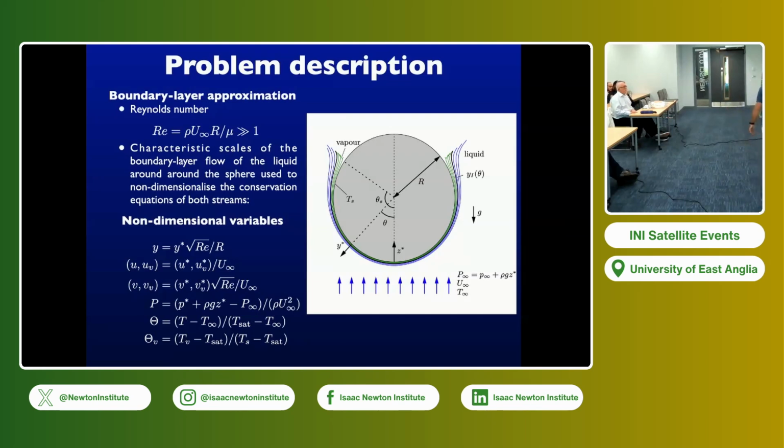The non-dimensional variables that we obtain are here: the normal coordinate to the wall, the polar velocity for both streams, the same for the radial velocity, the reduced pressure, and the temperature of the liquid and that of the vapor. This scaling was done so that the temperature of the liquid goes to 0 at infinity and to 1 at the interface, and the opposite happens with the temperature of the vapor. It goes to 1 at the wall and to 0 at the interface.